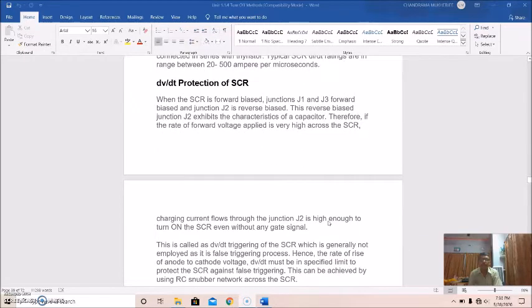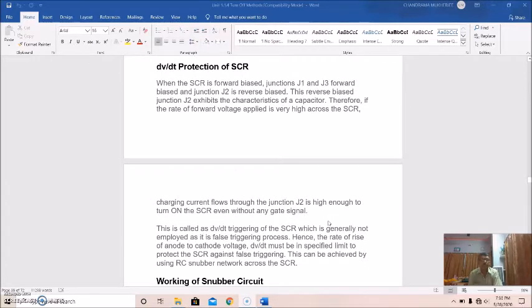Now DVDT protection of SCR. When the SCR is forward biased, junctions J1 and J3 are forward biased, and junction J2 is reverse biased. This reverse biased junction J2 exhibits the characteristics of a capacitor, because junction J2 in reverse biased condition acts just like a dielectric, and junction 1 and junction 3 are like two plates of a capacitor.